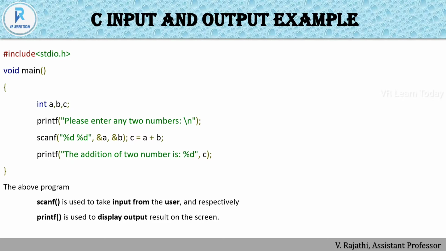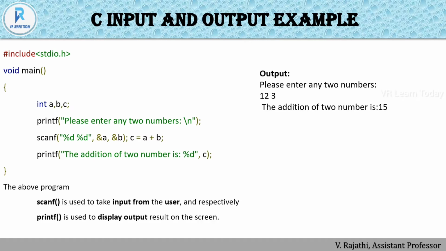For example, the output will be: please enter any two numbers. If you give 5, 2, the process is c equal to a plus b, a is 5 plus b is 2, so 5 plus 2 is 7. The addition of two numbers is 7, and this will be the output.